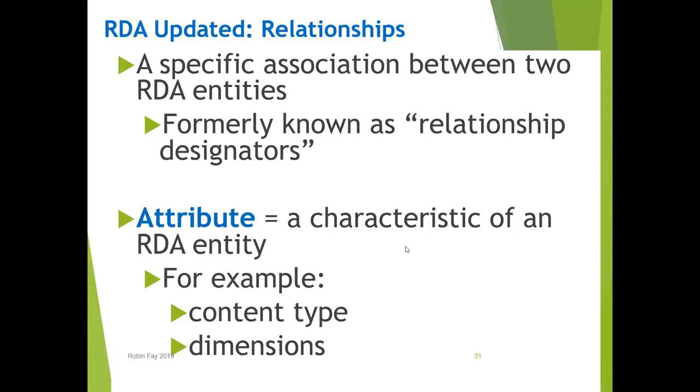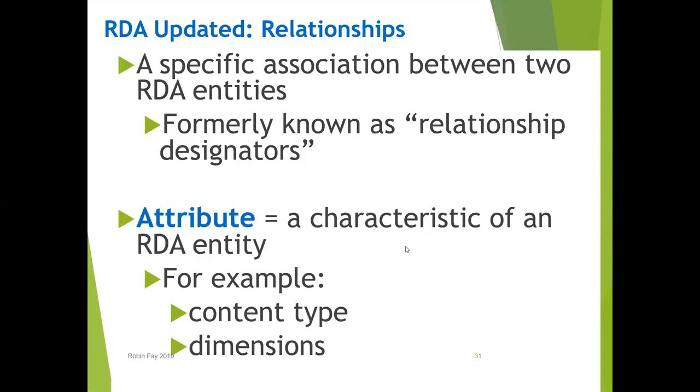I think you could even call them relator codes, because in terms of a MARC record, it's a relator code. I think we'll probably all still call it that, but they have defined it a little bit differently. And notice the RDA entities. We're going to talk about that in just a minute, because you're going to start seeing that terminology throughout the RDA Toolkit and other things that you may be looking at.